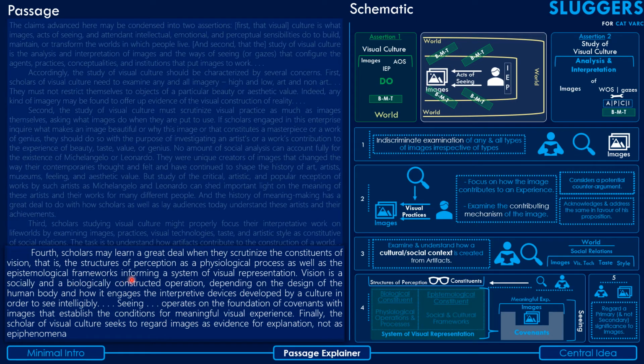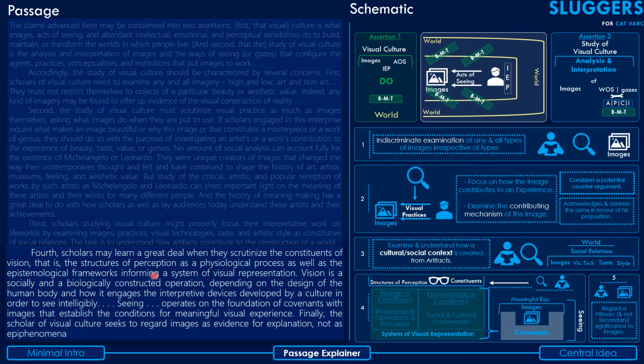So an epistemological framework is a framework that helps you make sense of or derive information out of certain input. Okay, that's an epistemological framework. So he says one constituent of vision or structure of perception can be a set of physiological processes, and the other could be the epistemological frameworks which inform a system of visual representation.